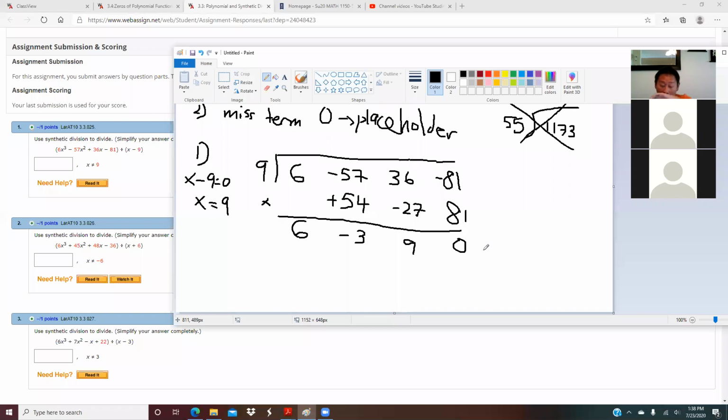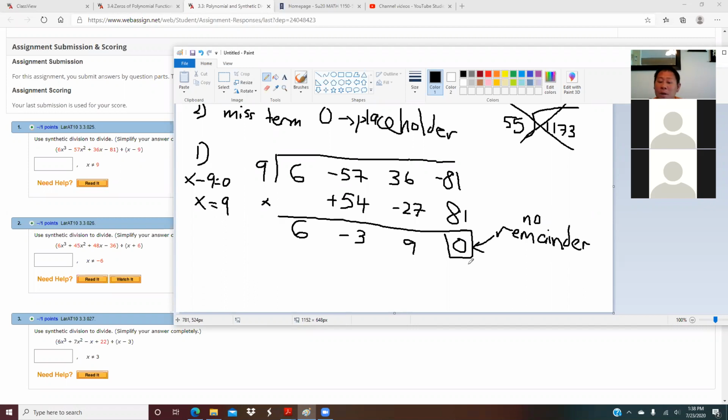So this is how we perform a synthetic division. And this is the thing that you have to understand. The 0 over here is what I call your remainder. So remember, every time you divide by a number, sometimes you get a remainder. So this is telling us that if you have 0, it has no remainder, meaning it divides evenly.